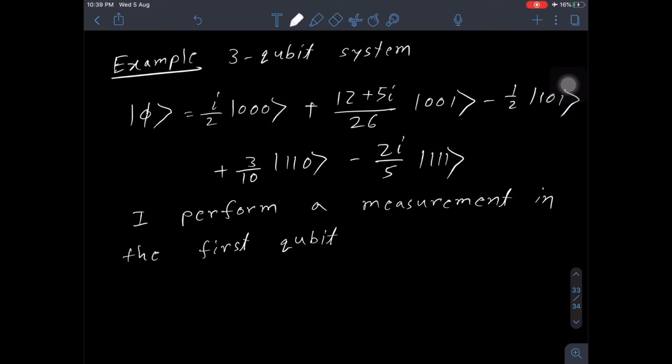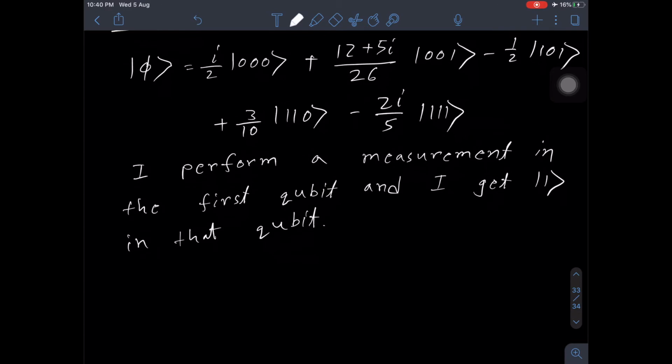Okay, I perform a measurement on the first qubit, and I get 1 in that qubit. Okay, so what do I have to do?